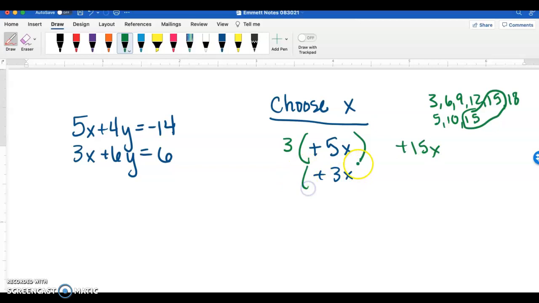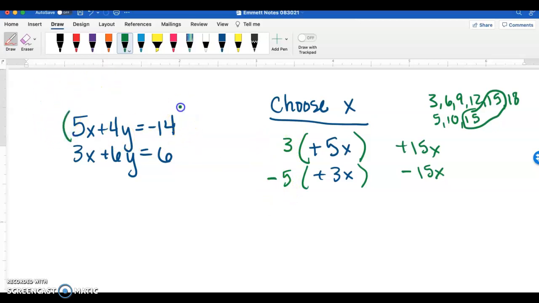And if I multiply the bottom by 5, then I will also get a positive 15x. Do we want them both to be positive? When we add down, if they're both positive, they're not going to cancel out. So how about we toss a negative sign in the bottom one, and then this will give us a negative 15x.